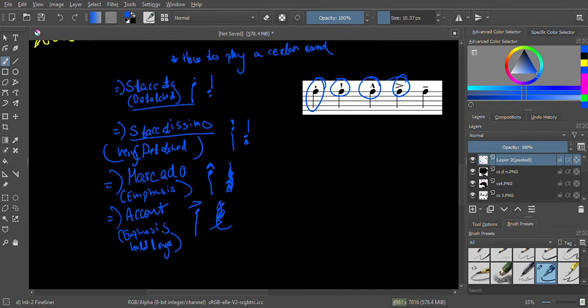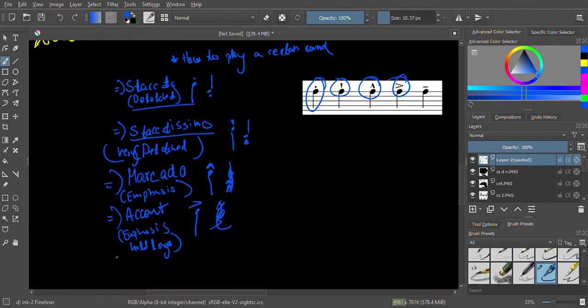In the accent, the difference is very subtle, but I'll hold it for slightly longer. So maybe that's accent, and maybe this was marcado. In the accent, I'm holding it for slightly longer. In the marcado, I'm sort of tapering it off.